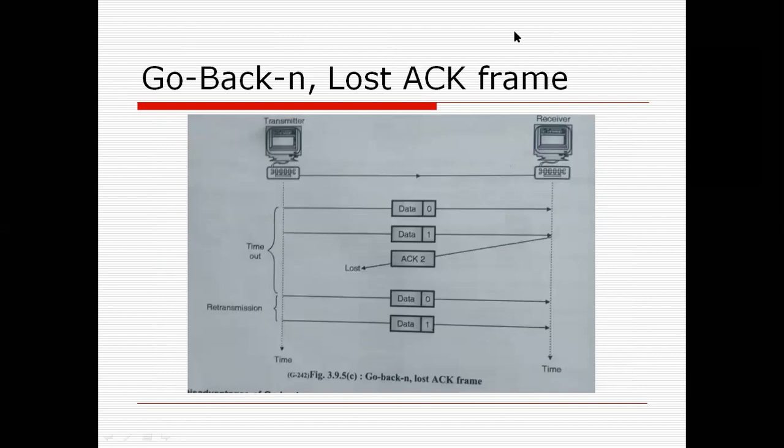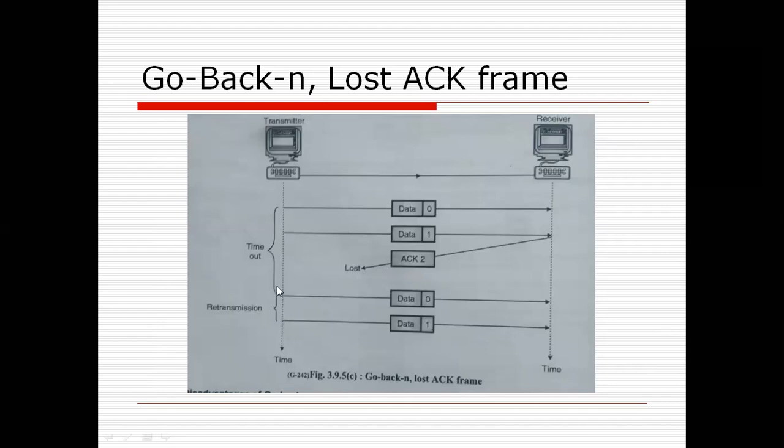Now there is another possibility called the lost acknowledgement frame. Whenever the sender sends data, again the timer concept is here, a timer is implemented. So data 0 is sent, data 1 is sent. Now the receiver has sent the acknowledgement for frames up to frame number 1. So ACK2 means frame numbers 0 and 1 have been successfully received, but this acknowledgement has been lost.